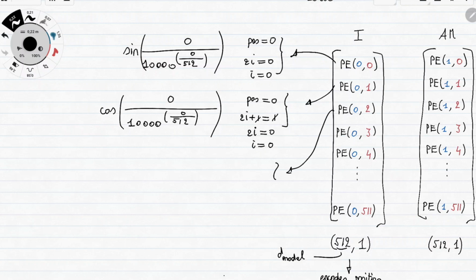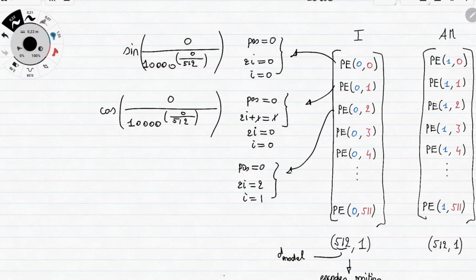For the third value, we have again position equal to 0 and 2i equal to 2, which results in i equal to 1.